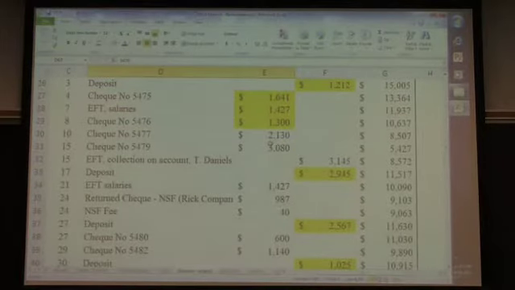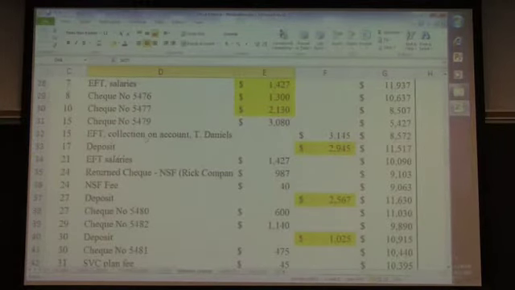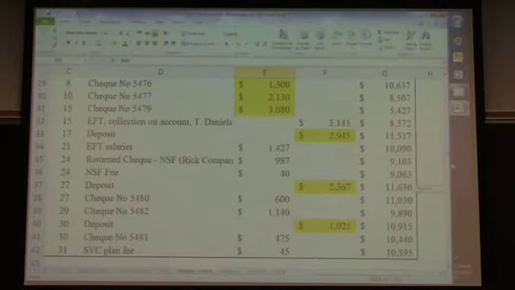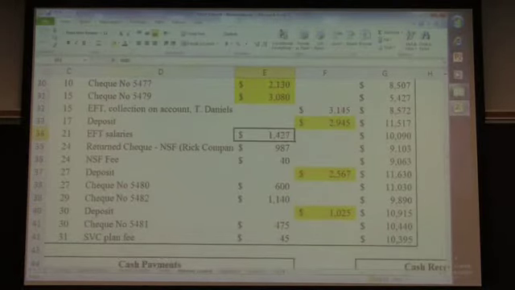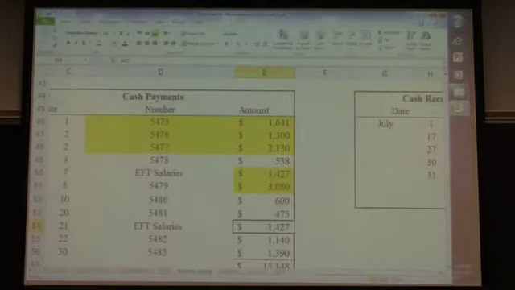And then we have 5477, 2130. $5,478, which is not clear through the bank yet. 5479, we have 3080. And then we also got another EFT salary of 1427, which is down here.